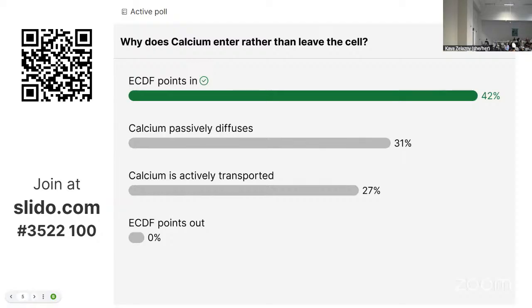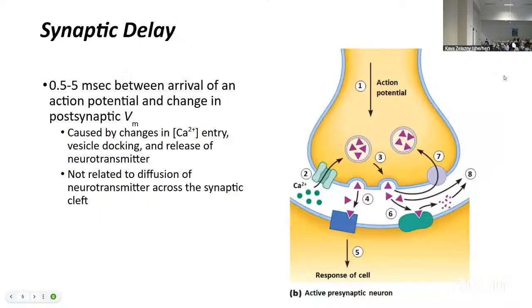Okay. So we remember sodium wants to come into cells, potassium wants to leave cells. Now we've got to remember that calcium, like sodium, wants to come into our cells. The synaptic delay. This process takes a little bit of time.